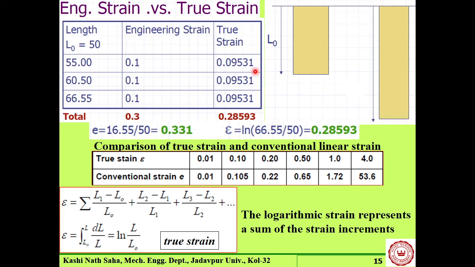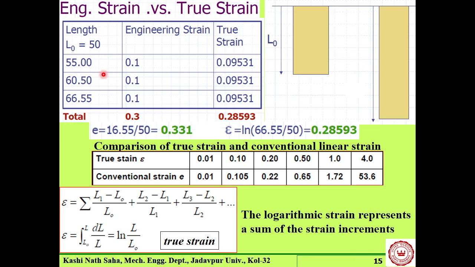So if we measure the change in length in steps, how will the result change? Engineering strain is always the change in length by original length.